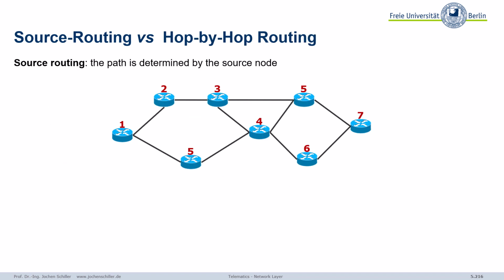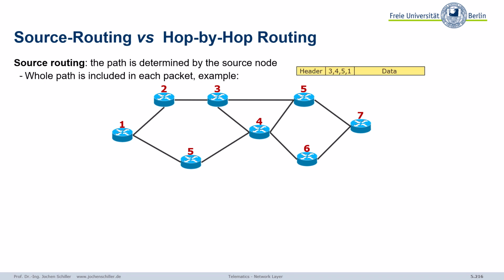What else? There's something called source routing and hop-by-hop routing. The idea of source routing is that the path is fully, or at least partially, determined by the source, and the source then includes the path in the packet.